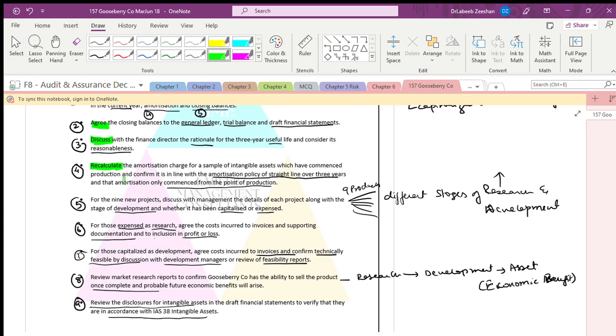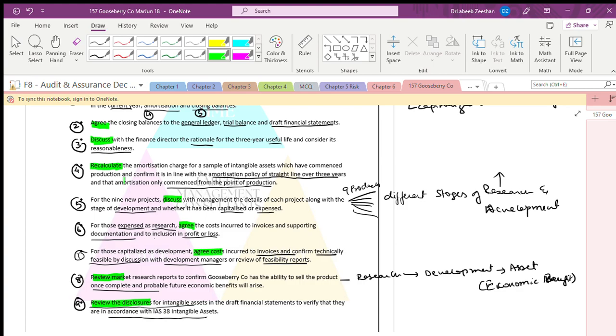First you have to agree, discuss, recalculate. Again, we have to discuss with the management which has been expensed. You have to agree the cost for those capitalized as development. Again, we have to agree the cost, review market research, and review the disclosures.